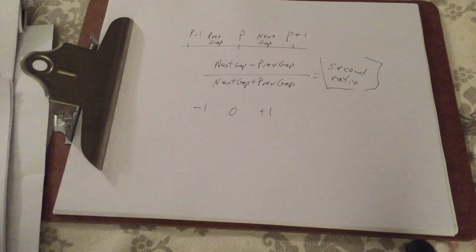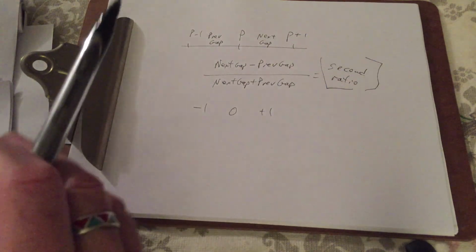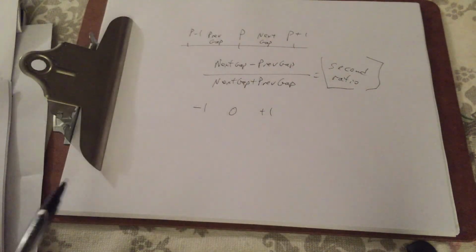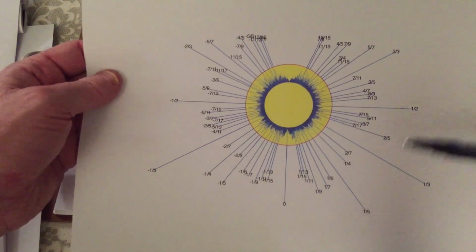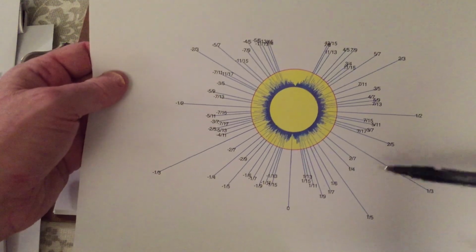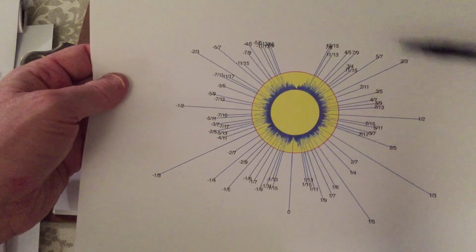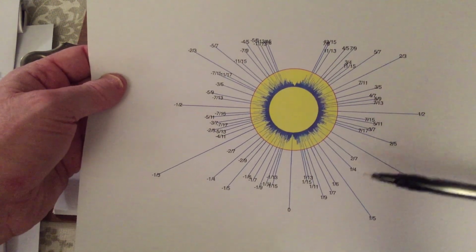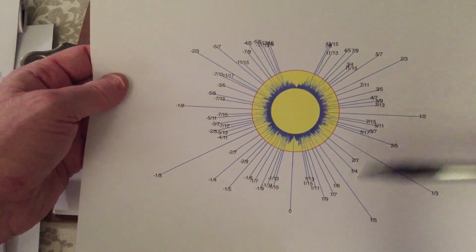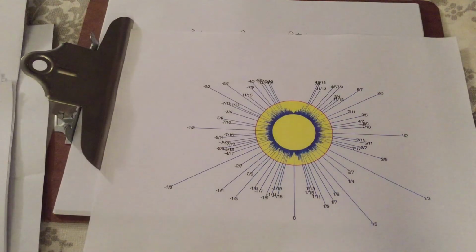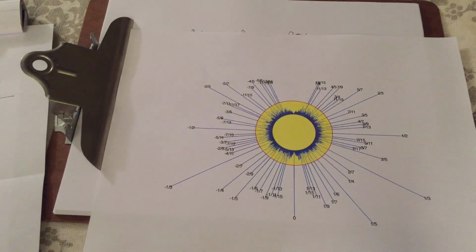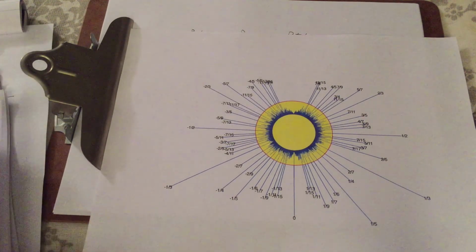So, for example, the most common second ratios stay more or less the same, although they're not as common as you get higher and higher into the spectrum of prime numbers.